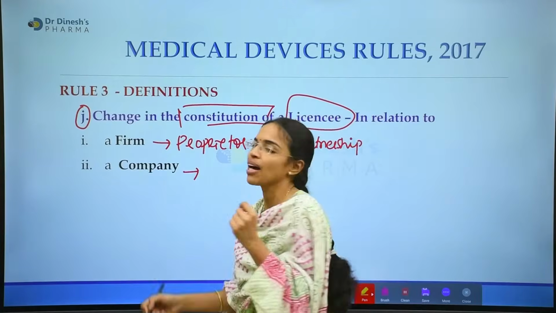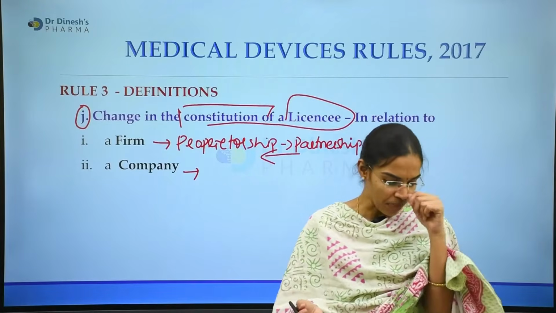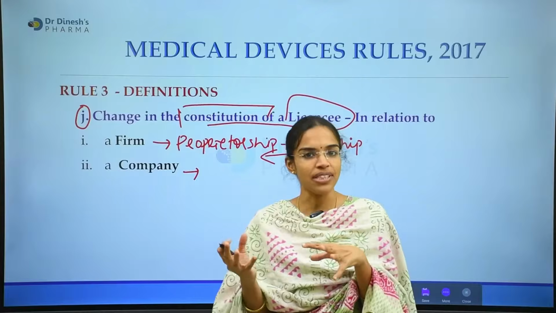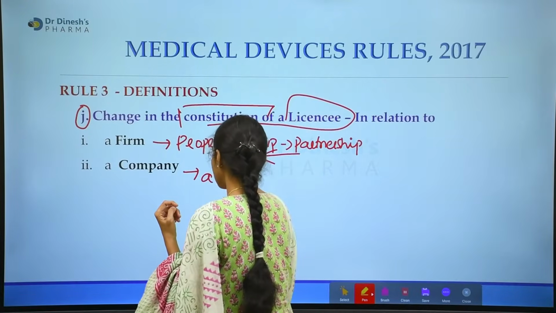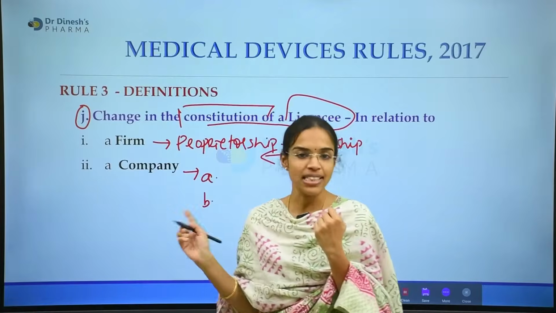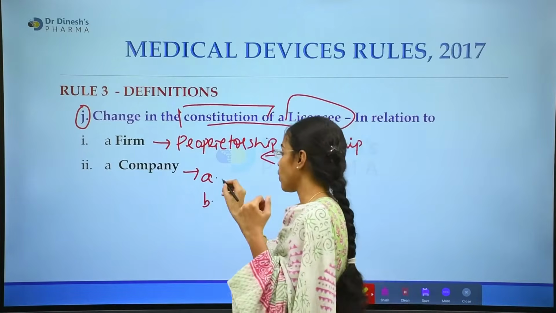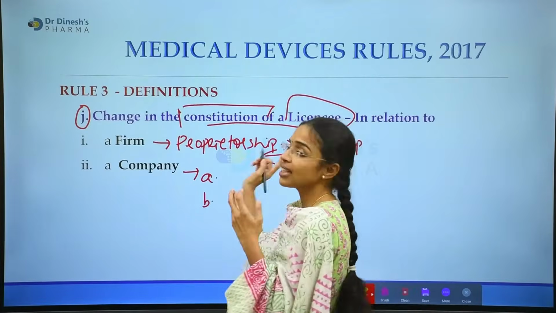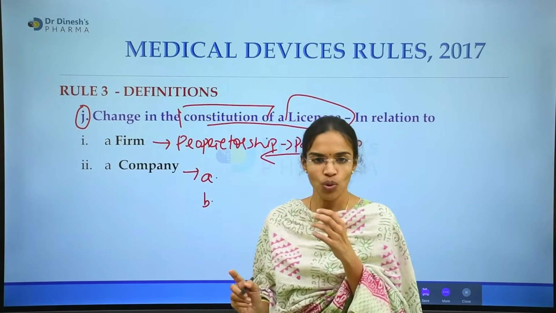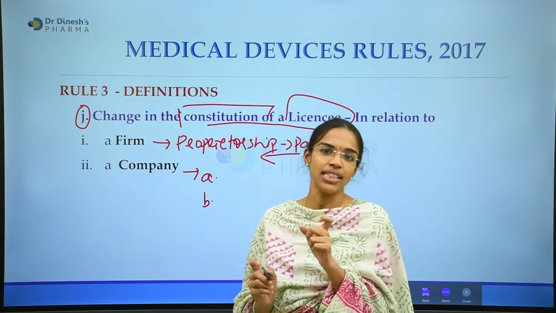And if it is a company, whether it has been changed. In 3J2 we also have subclauses A and B. When does this come under rule 3J2?